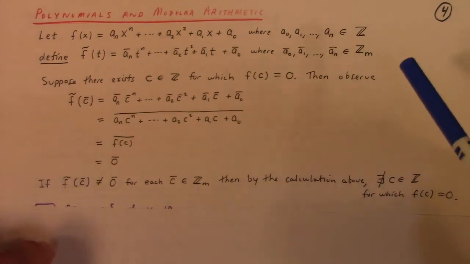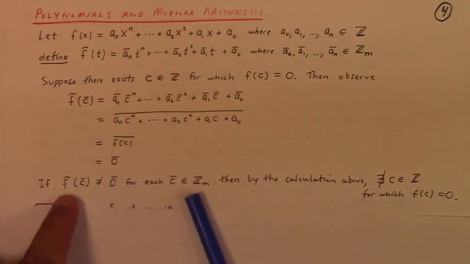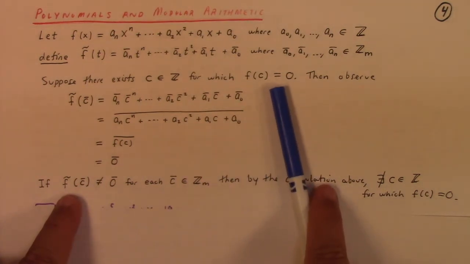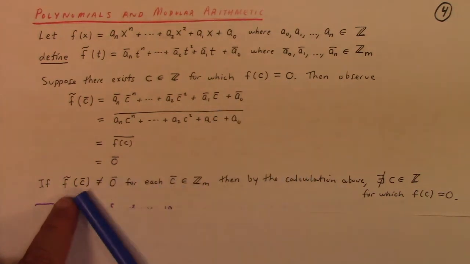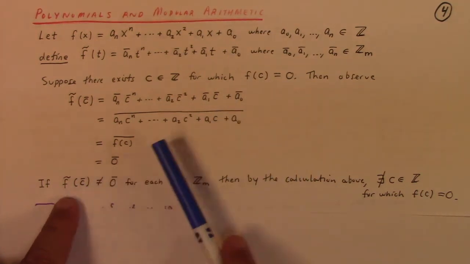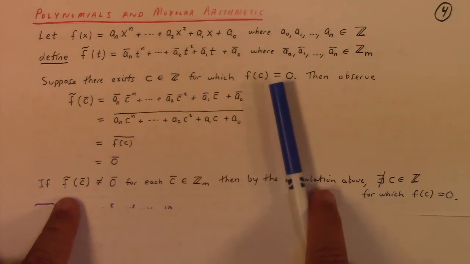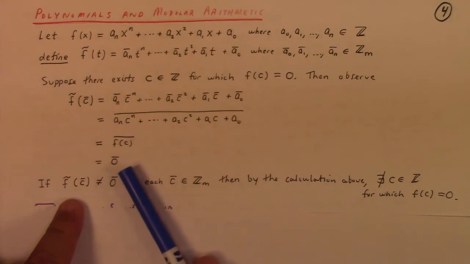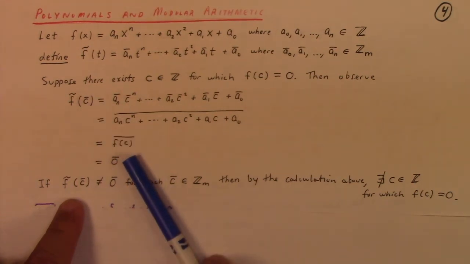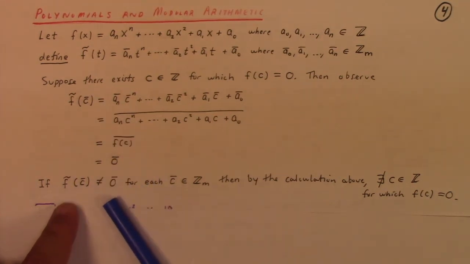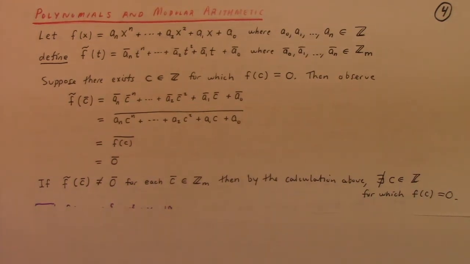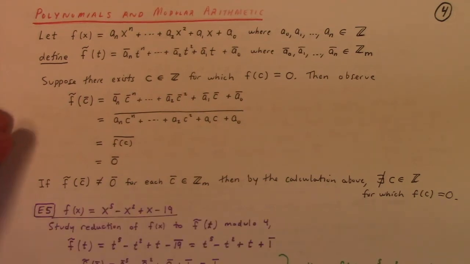If there was an integer root out there somewhere, there must be some equivalence class mod m in which that c fits, and that equivalence class would make this 0 bar. And if it's not 0 bar for every possible c bar, then there wasn't such a c. So here's an example.